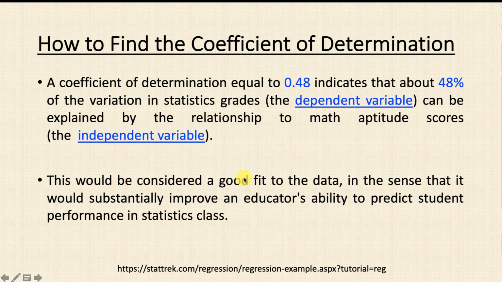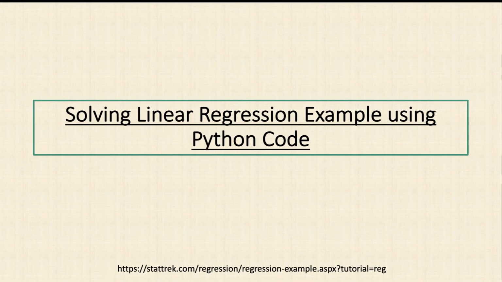So this would be considered a good fit to the data, in the sense that it would substantially improve an educator's ability to predict student performance in a statistics class, right? So based on this value, you can easily calculate the values.